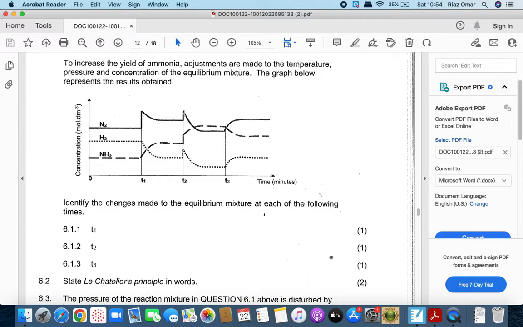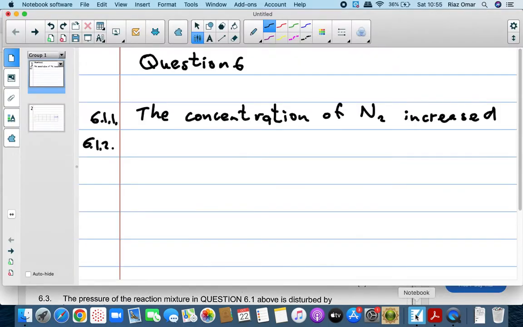Because if there's an increase in pressure, then for a short while all the concentrations increase, and then according to Le Chatelier, they can again rearrange themselves to create a new equilibrium. So at T2, we can say the pressure increased.